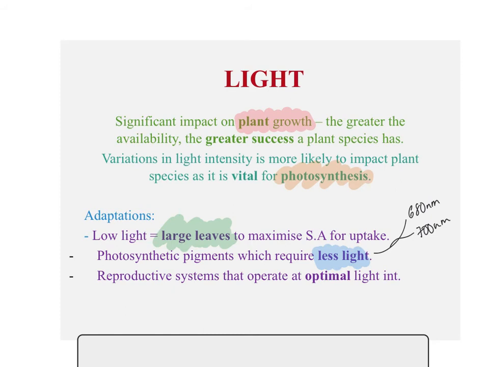And over time, plants might have developed different colorations in their leaves, and therefore different colorations in their pigments to absorb a different wavelength of light that's maybe more readily accessible. And finally, they might have adapted to have reproductive systems to operate at this low light intensity, where those reproductive systems are now optimal. They work the most efficiently.